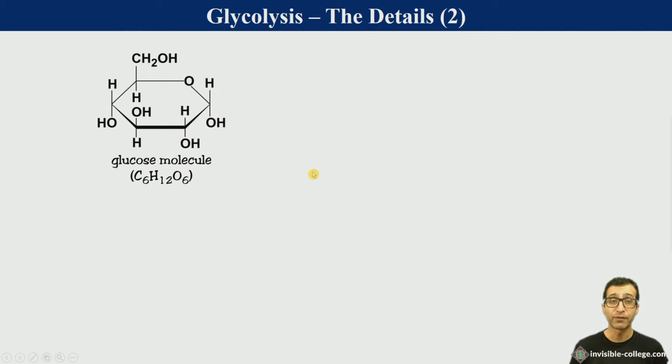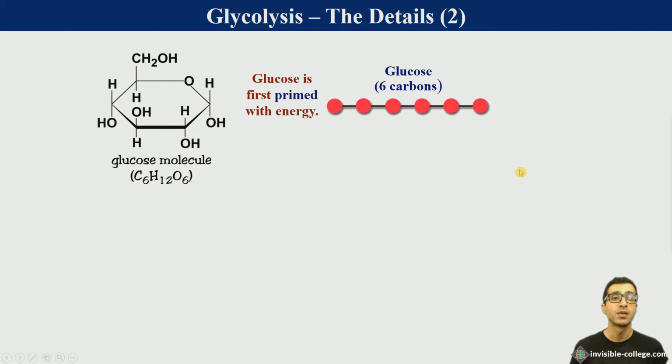Now we can simplify this for the purposes of this discussion, in a very similar way to the way that we simplified the structures of the molecules involved in the processes of photosynthesis. So rather than use this structure, we will simply represent a glucose molecule as a 6-carbon chain, very much like this.